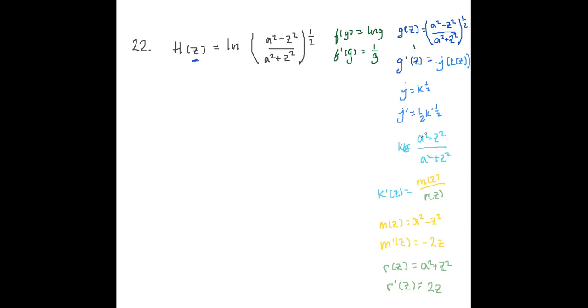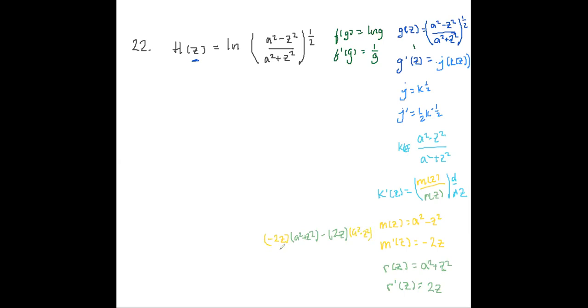So this is actually the derivative of this, which we can find by, again, saying this is going to be m prime, so minus 2z times a squared plus z squared, minus 2z times a squared minus z squared.